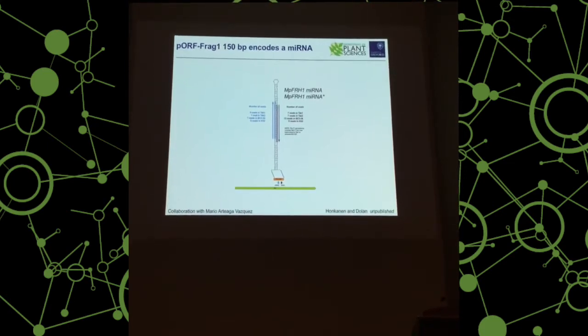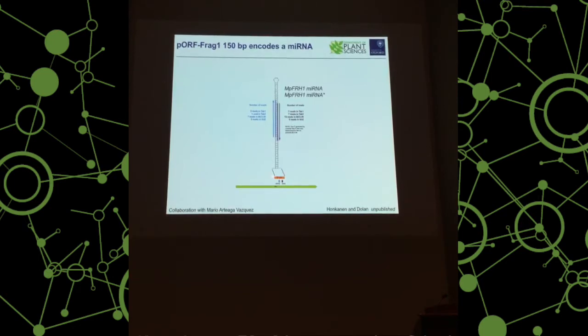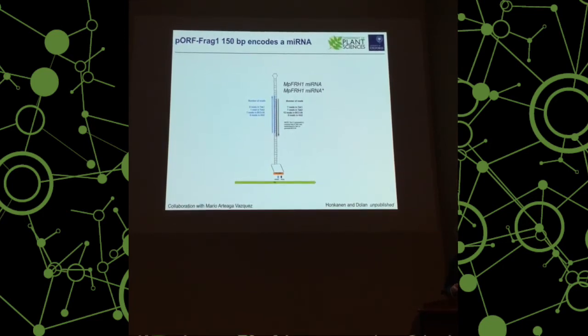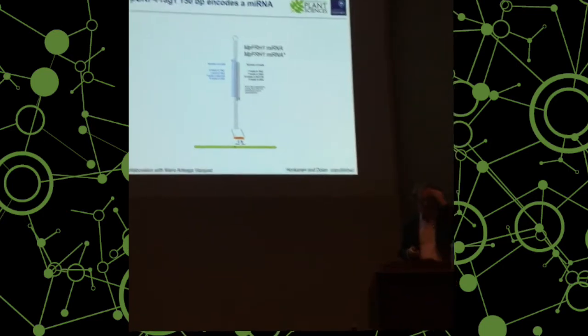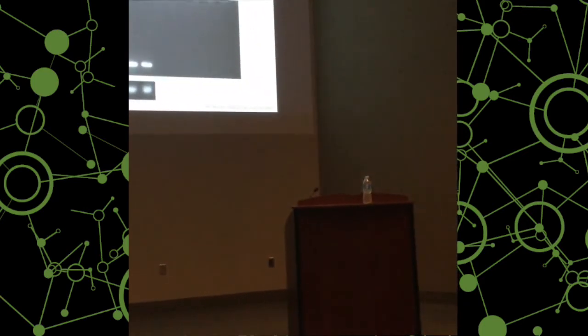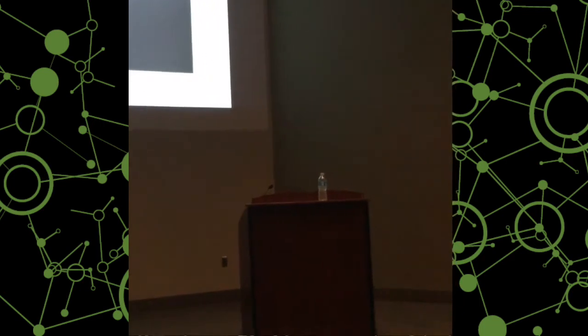So what we find is here's our full 1.2 kb transcript, and then there's a small region in here that corresponds to the FRI1 ORF that I talked about, and it produces a microRNA. Okay, so we were happy enough with that. So based on their high throughput sequencing, they were seeing a putative microRNA that looked like it was encoded in our 1.2 kb transcript.